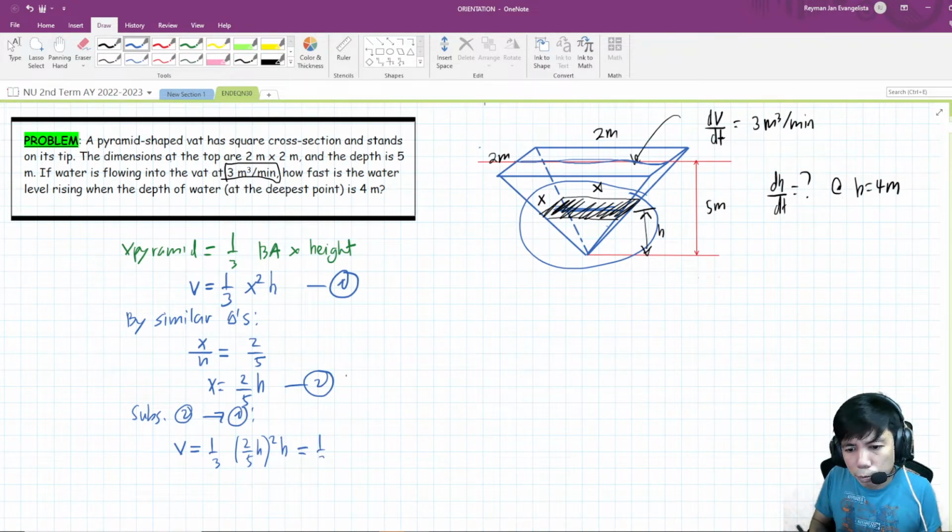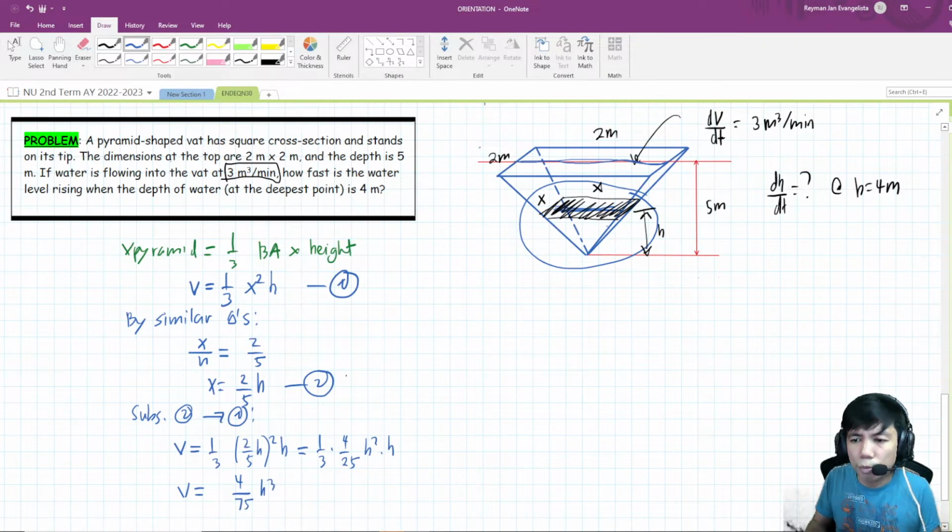So 1/3 times (2/5 h) squared, so that is 4 over 25, then h squared times h. Simplifying, we will get 1/3 times 4 over 25, so 1 times 4 is 4, and then 3 by 25 is 75. Then h squared by h is h cubed.